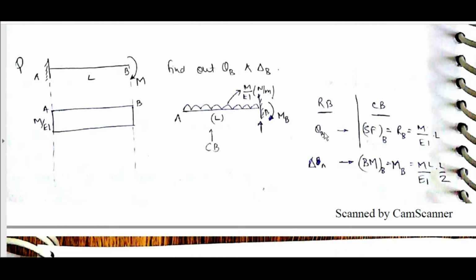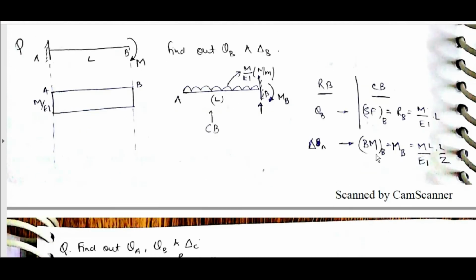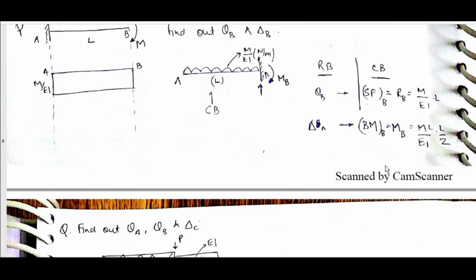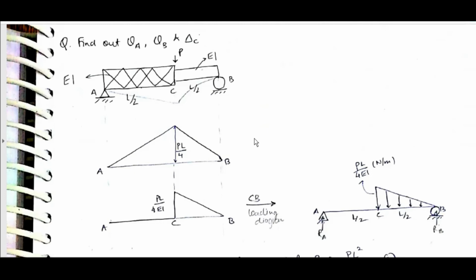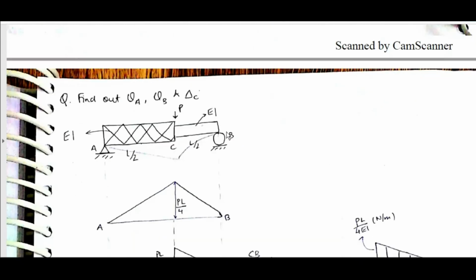Real beam theta B is conjugate beam SFB. SFB is equal to R_B is equal to M by EI into L. Delta B is BM_B is equal to M_B is equal to M L by EI into L by 2. This is delta B. Okay, like this we can solve easily.